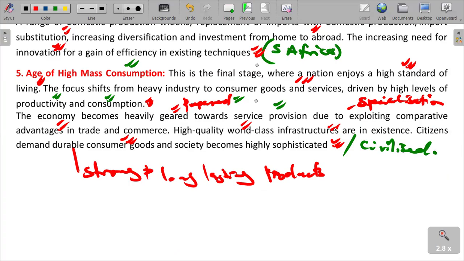due to exploiting their comparative advantages. The comparative advantages in this case, we are talking about the merits, or the economies of scale that countries are enjoying as they are increasing in their production capacities. The advantages come as a result of many other factors.